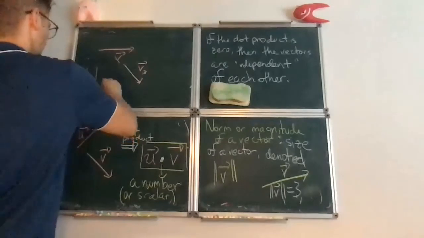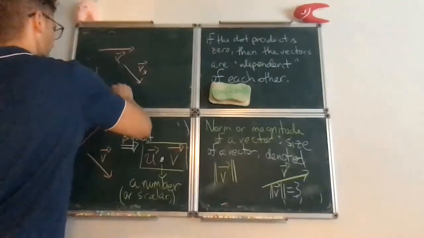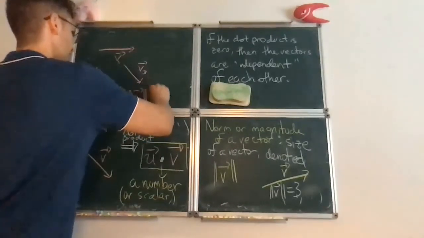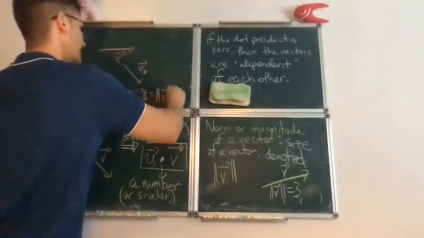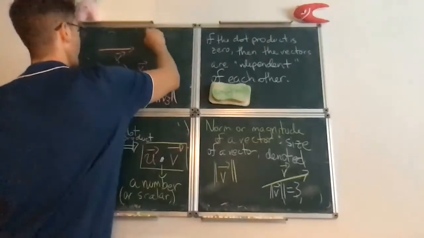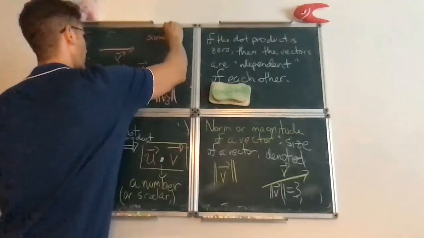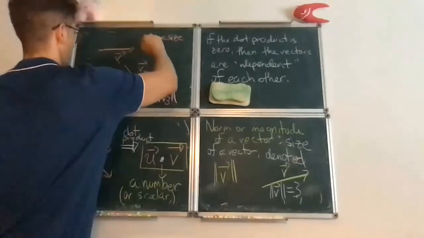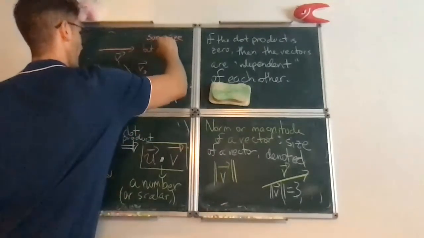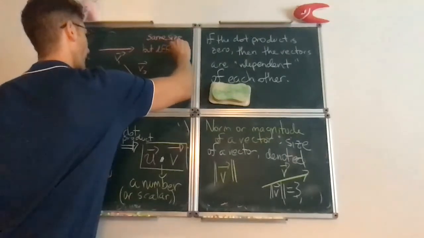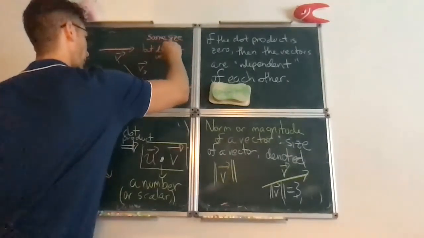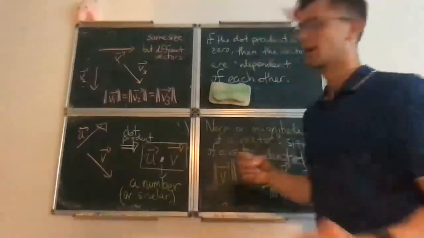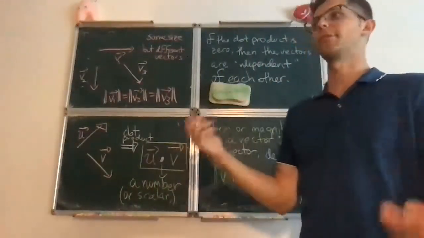It's perfectly fine to have 3 different vectors with the same size, right? So same size or norm, but they're still different vectors. So the norm just records one piece of the information of what makes a vector.